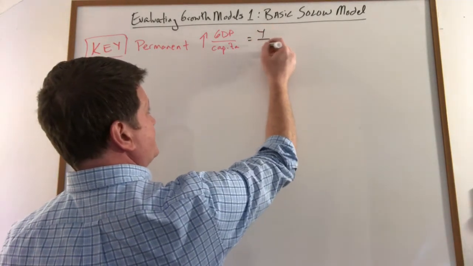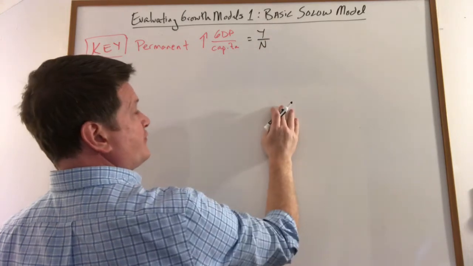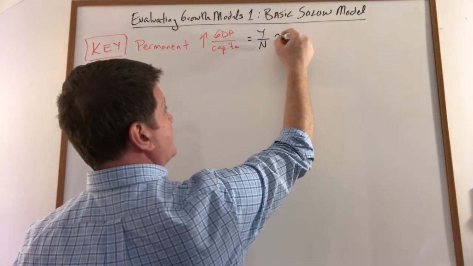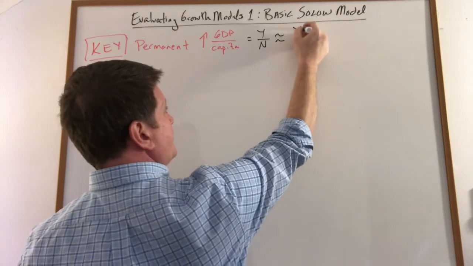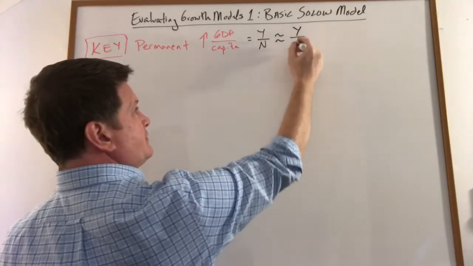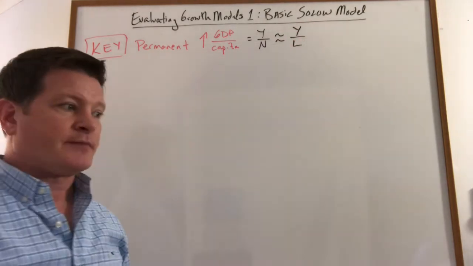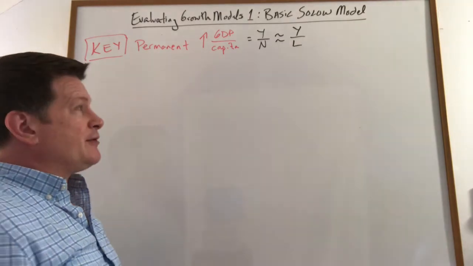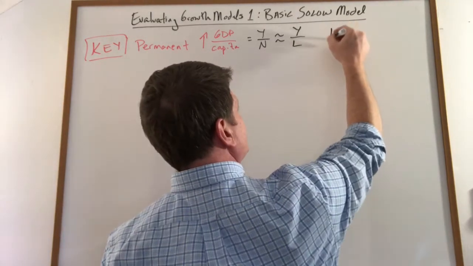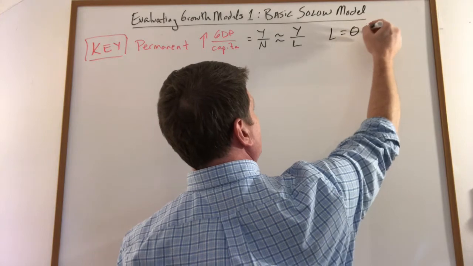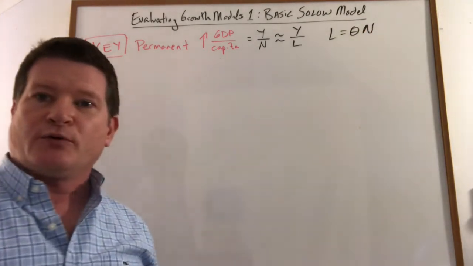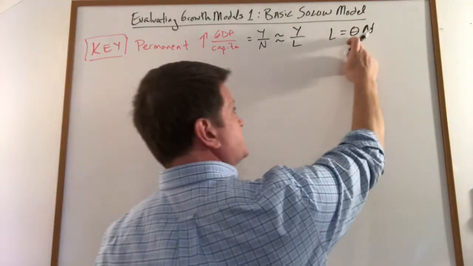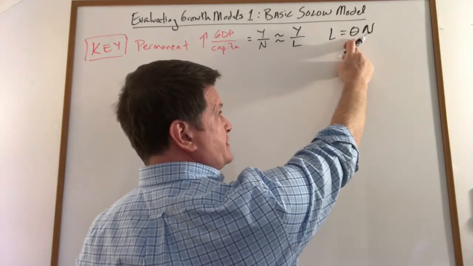Now, in this economy, we measure GDP per capita. It is GDP over N for the number of people, and we'll usually approximate that with GDP divided by the number of workers. The reason we can get away with that is because workers are generally a constant proportion of the population. This can be thought of as our labor participation rate.